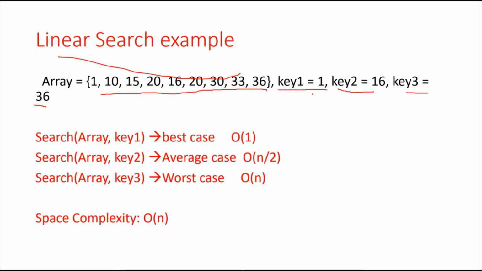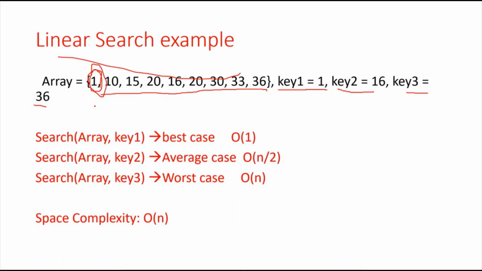here we have key 1. Key 1 is equal to 1. We will see here at the first position, at the 0th position, this is the first element at the 0th position. It is found in only one step. It is the first element, that's why it is found in the first operation.